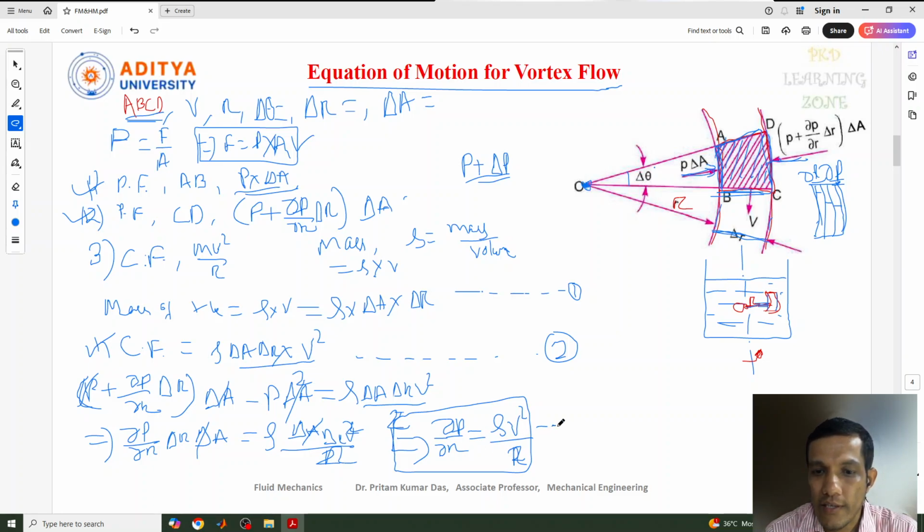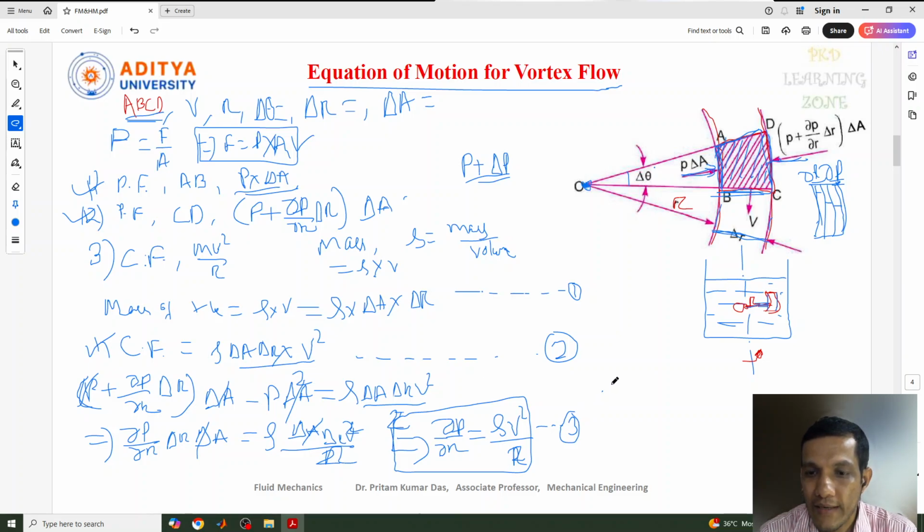So this is another equation, we can mark it. Now if you see this equation, delta P by delta R equal to rho V square by R, the pressure variation we are getting is along the radial direction. It may be for the forced vortex or for the free vortex flow.